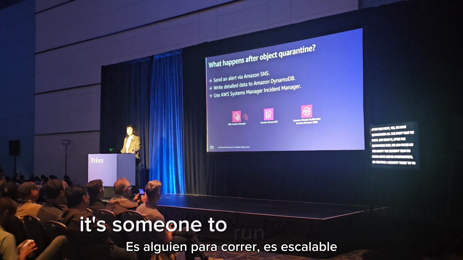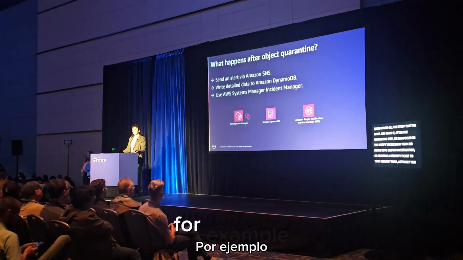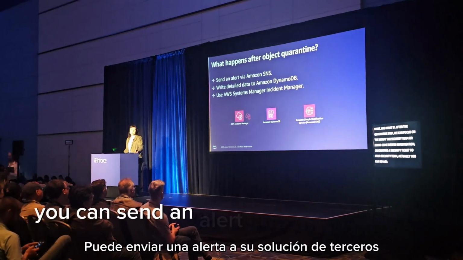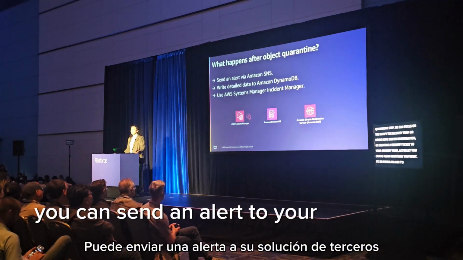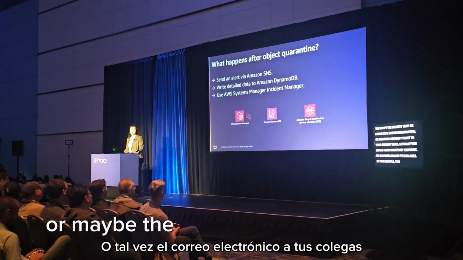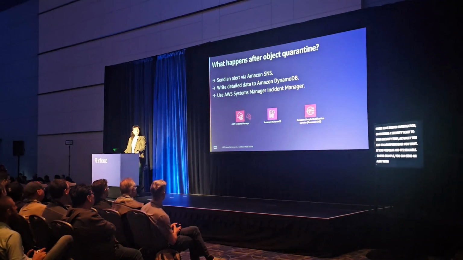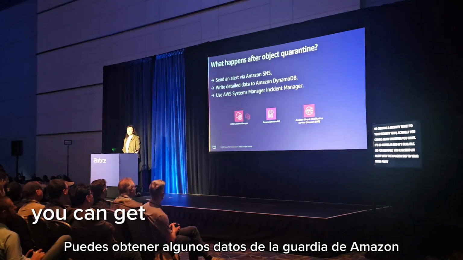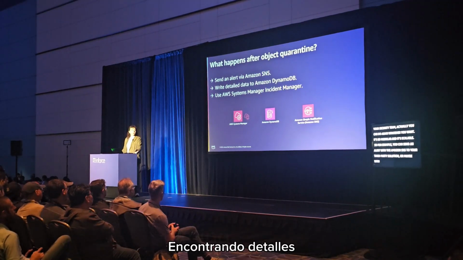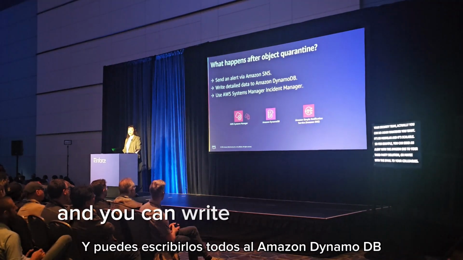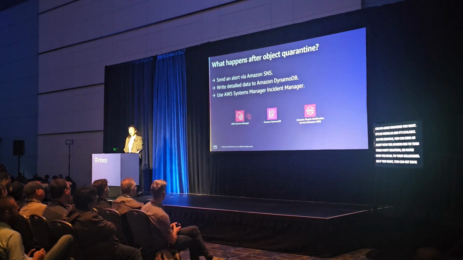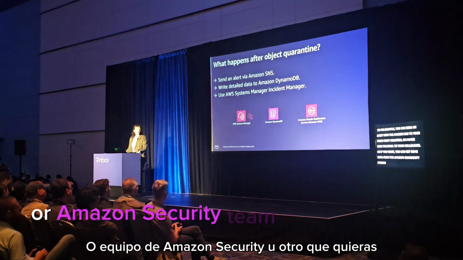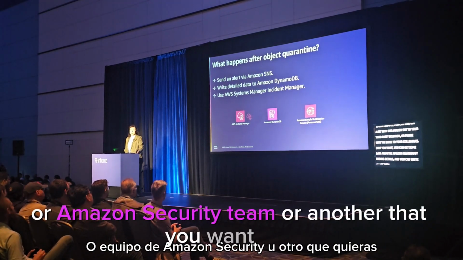It's so modular and it's scalable. For example, you can send an alert with Amazon SNS to your third-party solution, or maybe an email to your colleagues. Or if you want, you can get some data from the Amazon GuardDuty finding details, and you can write all of them to Amazon DynamoDB, or Amazon Security Lake, or another that you want.